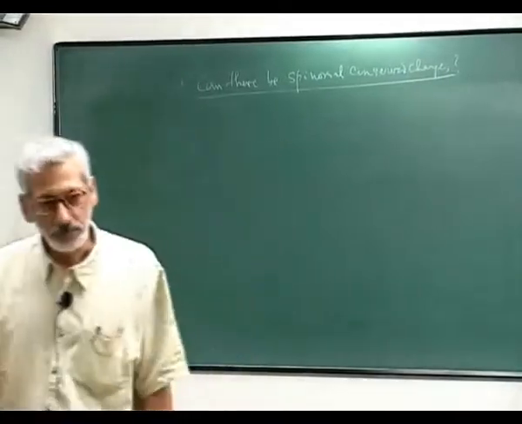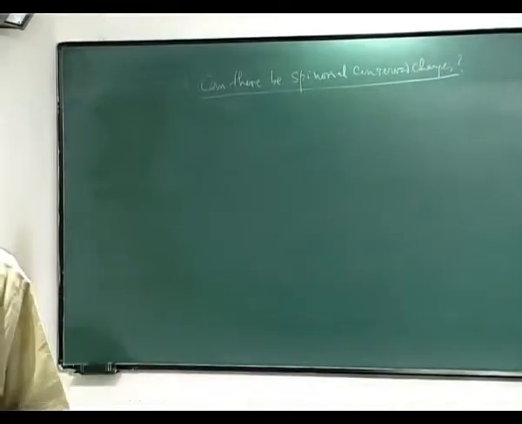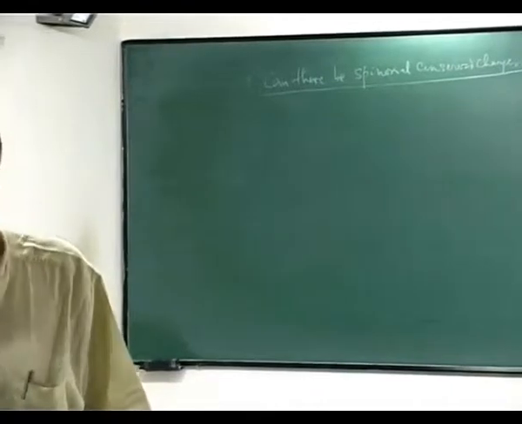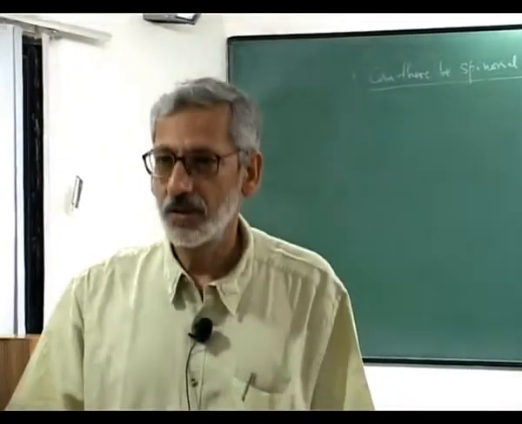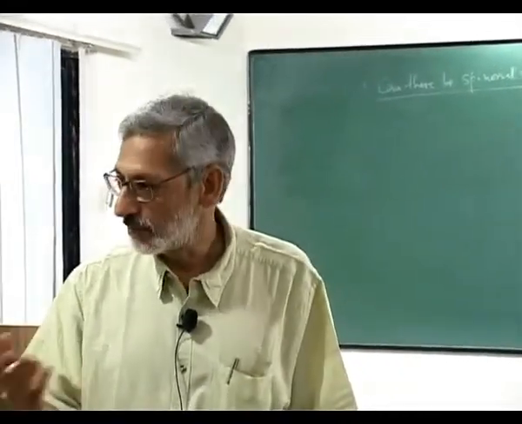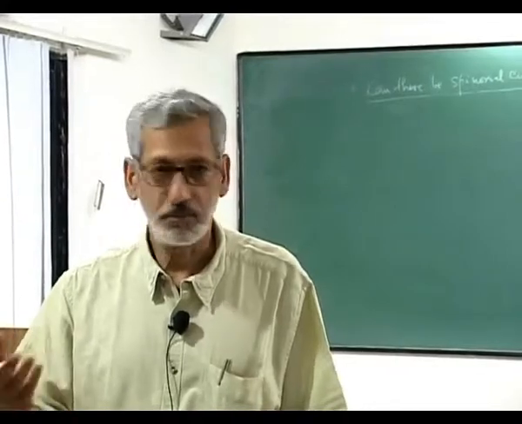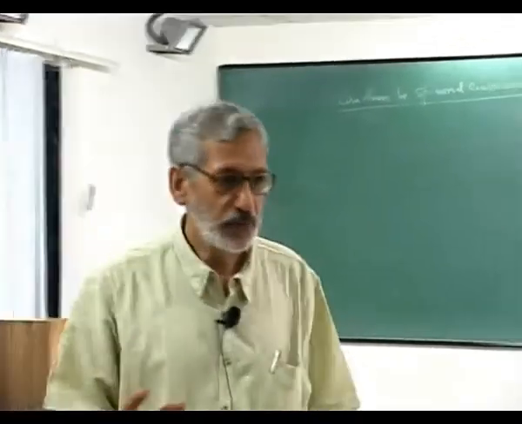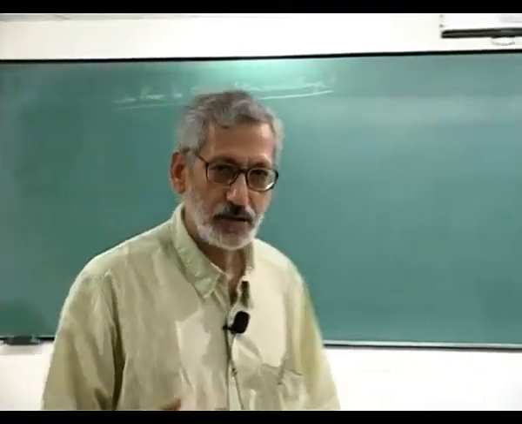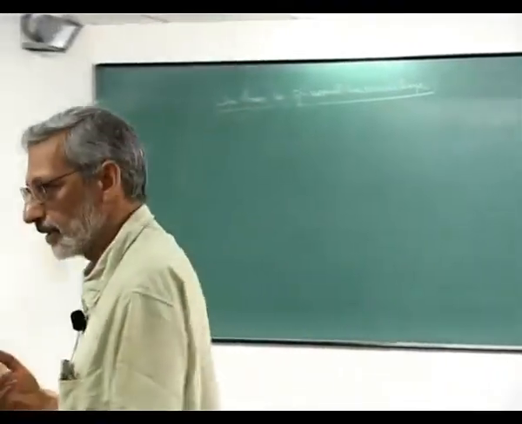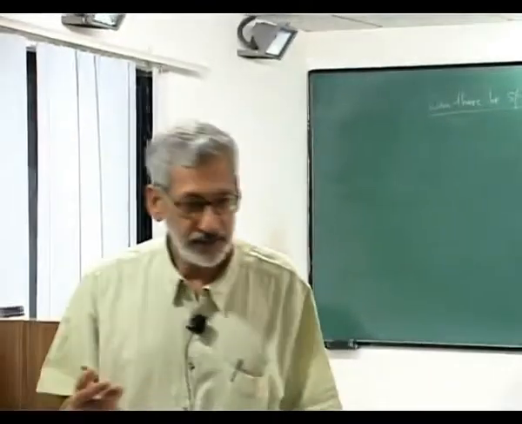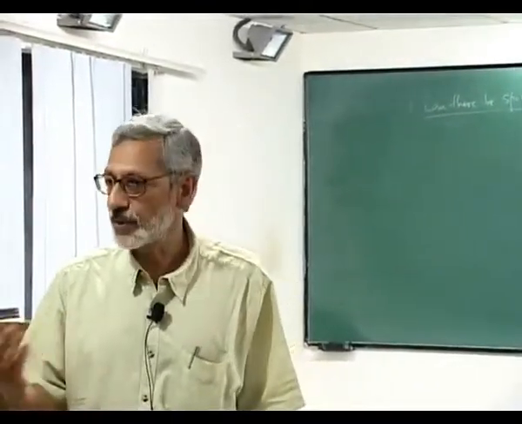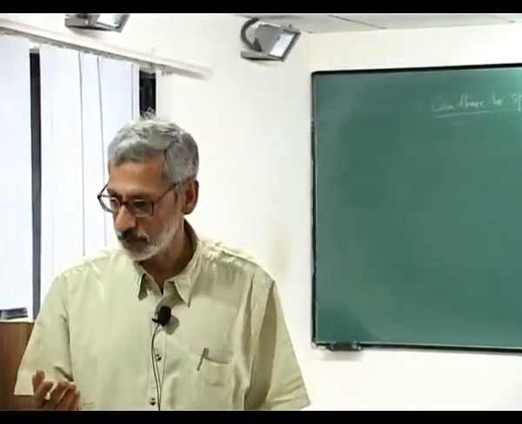We know commuting conserved charges: electric charge, monopole charge, SU(2) non-abelian charges. They are all commuting in the sense that they are scalars of Lorentz group, they are spin zero representations of Lorentz group.